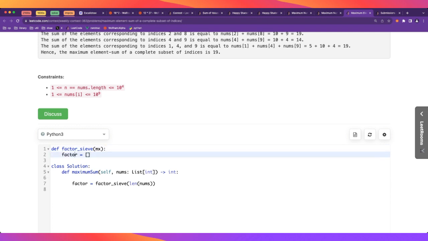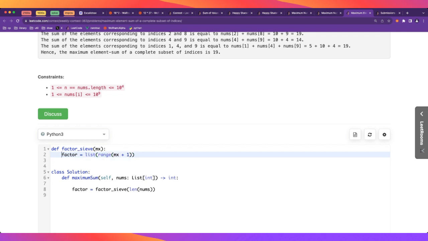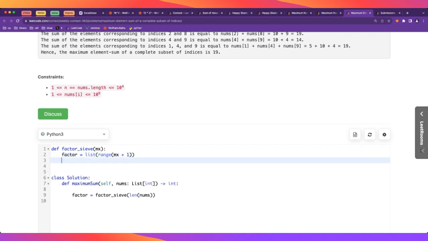Factor is going to give us a prime factor of the number, the index, right? So initially every number is going to be their own factor.